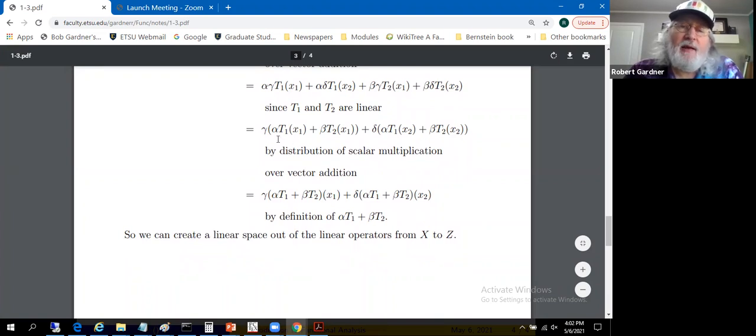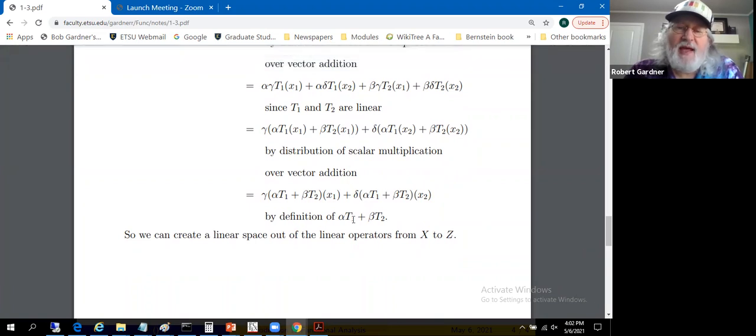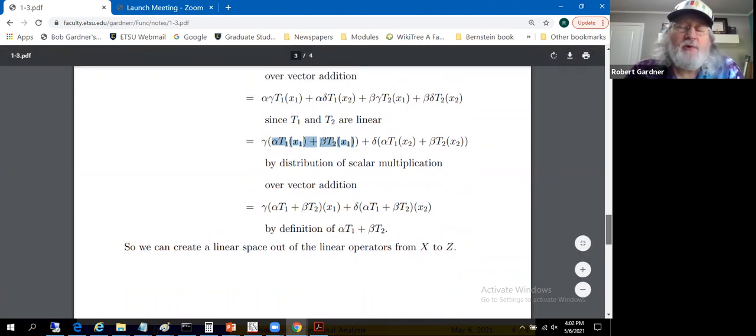Here you've got alpha T1 of x1 plus beta T2 of x1. By definition, that's alpha of T1 plus beta of T2 of x1. This is by definition that linear combination of transformations applied to x1. Let's scroll up.